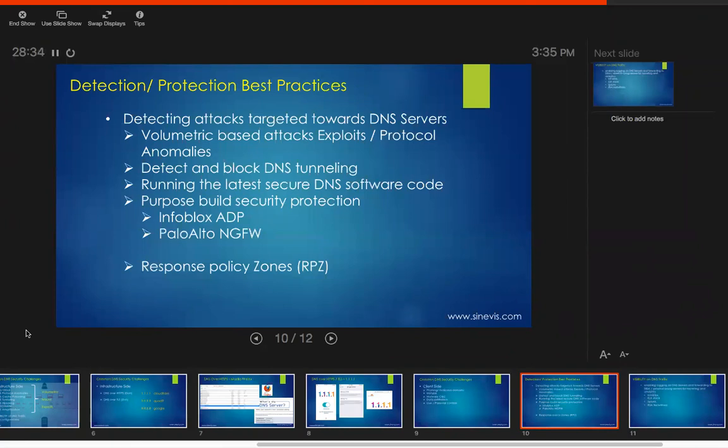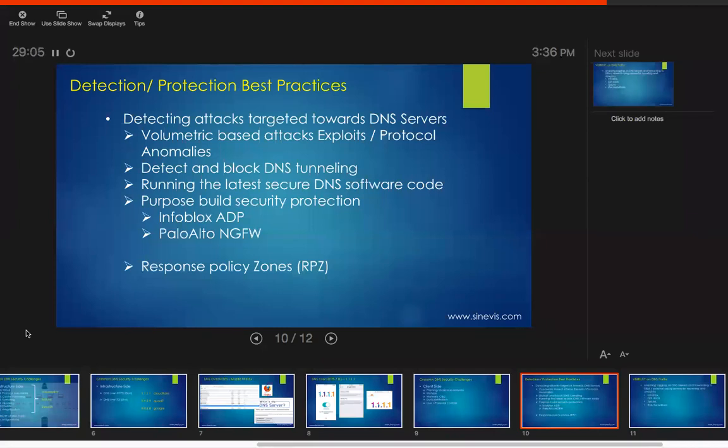So the first one we look at is volumetric-based attacks, exploits or protocol anomalies. For volumetric attacks today, what we have are DDoS protection mechanisms, maybe Akamai, Imperva, Radware or A10.